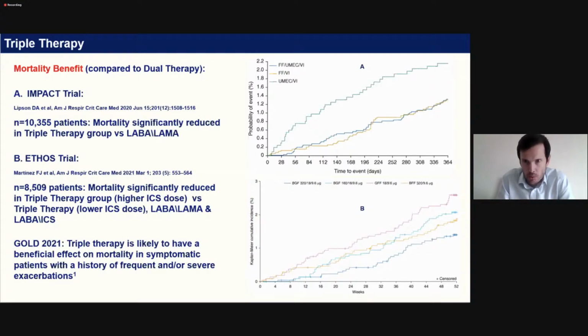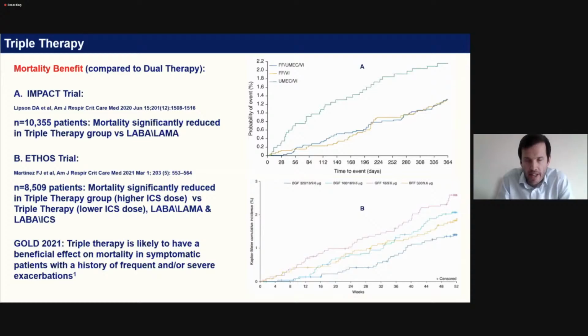Both trials were enriched for symptomatic patients with a history of frequent and or severe exacerbations, and they compared triple therapy at 2 ICS doses in the case of the ETHOS trial to 2 dual therapy options, which were LABA-LAMA and LABA-ICS.